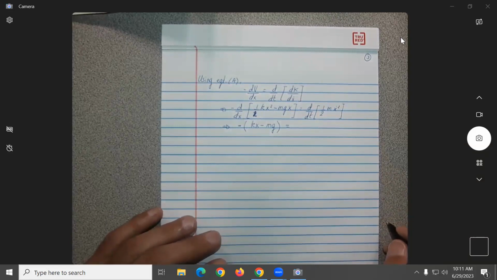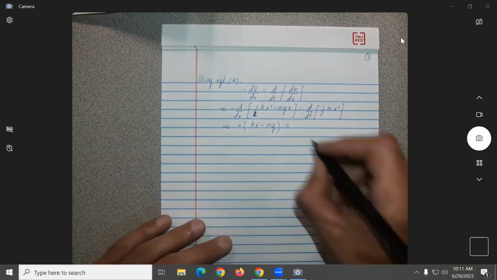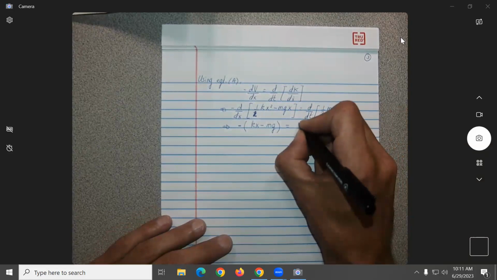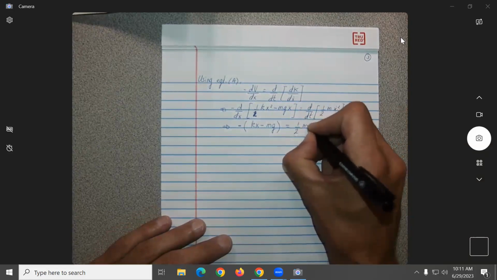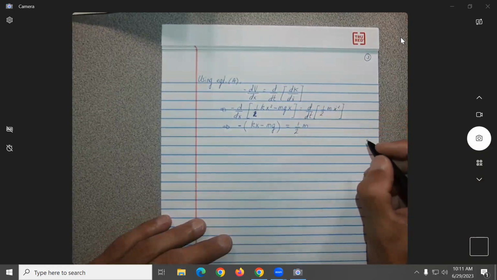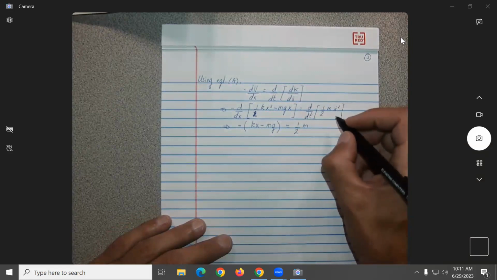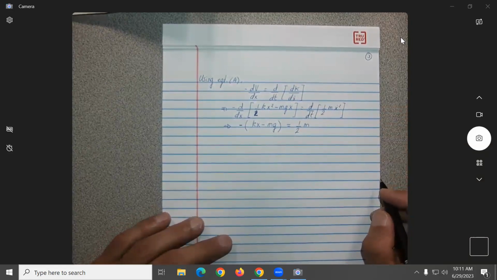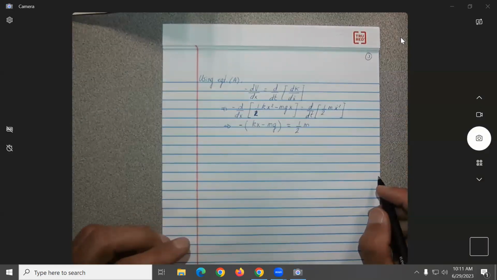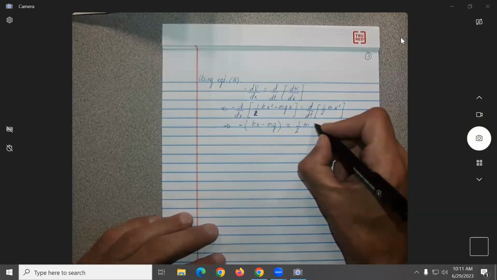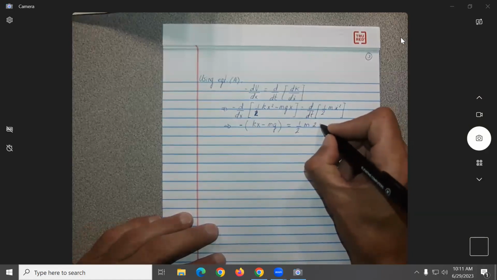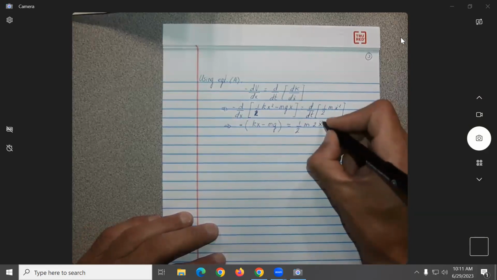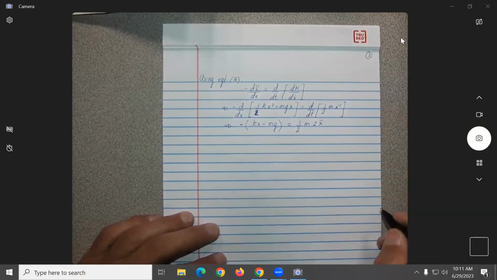And this will be equal to what? Will be equal to 1/2 of what? And this will be 2 x double dot, no? Yeah.